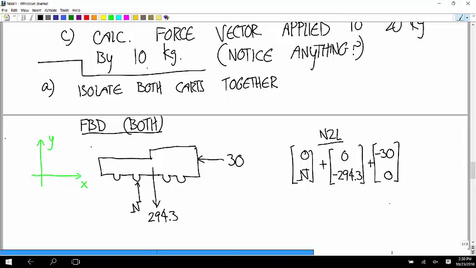So now I've put in every force vector that shows up on the free body diagram. And all of this together adds up to our F net. Okay, the sum of those forces is our F net in Newton's second law. And then the right side of Newton's second law says that's equal to the mass of the chosen object. So what's that? 30 times the acceleration vector of the chosen object.